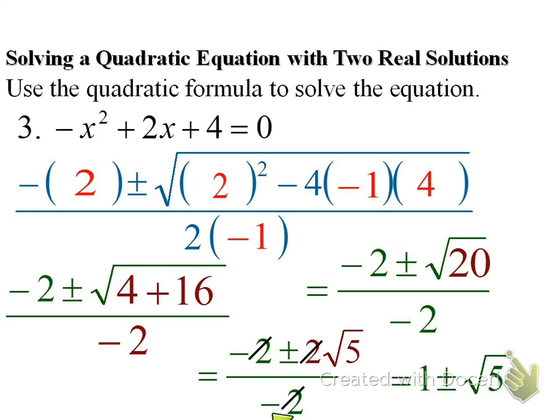So if they're all negative, just go ahead and cancel the negative out. So this is just 1 plus or minus the square root of 5. Technically, you could have -1 plus or minus the square root of 5 all over -1, but that's just kind of wasting your ink. What are your questions on this one?